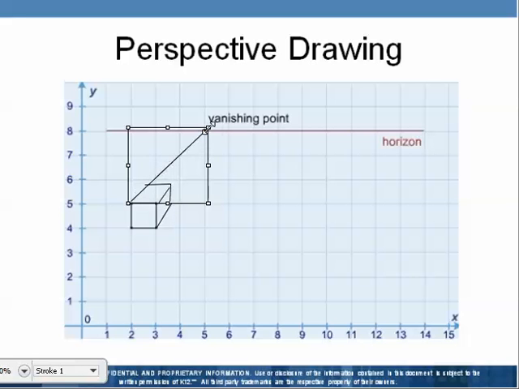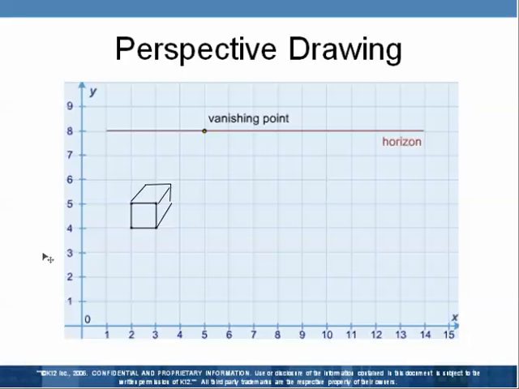And you get the idea. Like that. Now, there's my object that I was drawing, and it kind of vanishes off into space. That's what you're looking for, is that it looks like it's vanishing that direction.